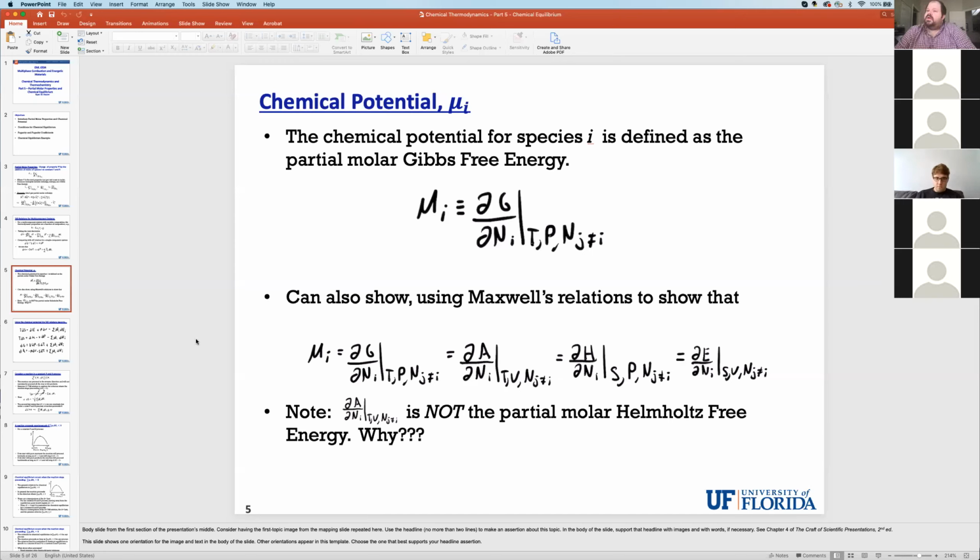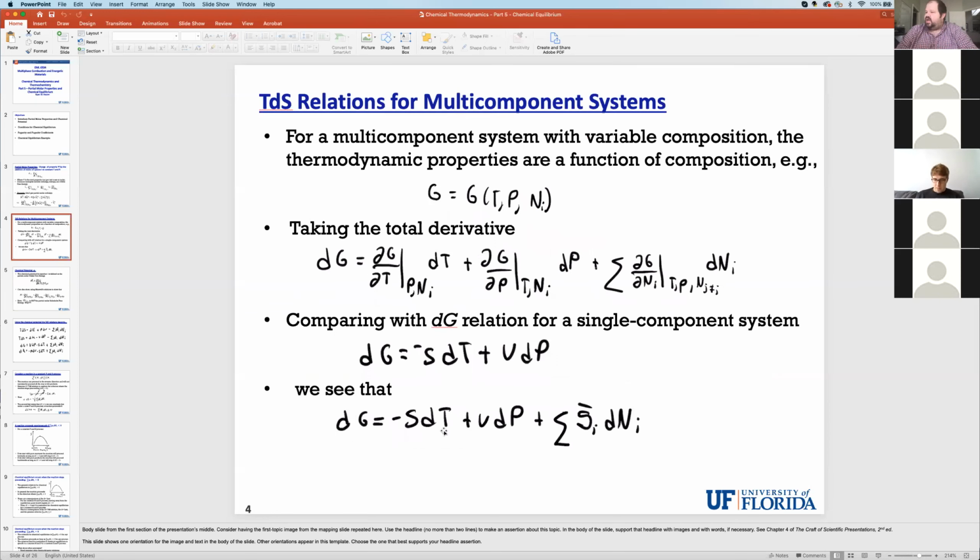But now notice what this gives us: these Maxwell relations here. If we did the same thing that we did for the Gibbs free energy, modified it to include the change of moles, and substituted in the definition of chemical potential, we see that this sum here is just the sum of the chemical potential of species i times dni.